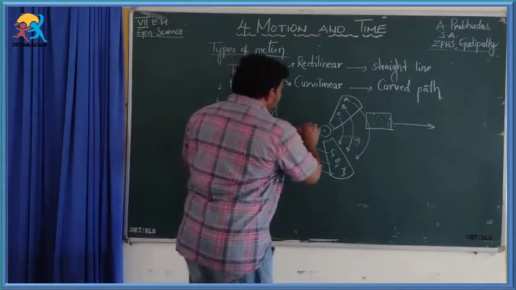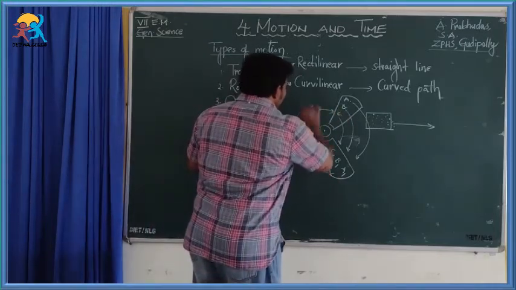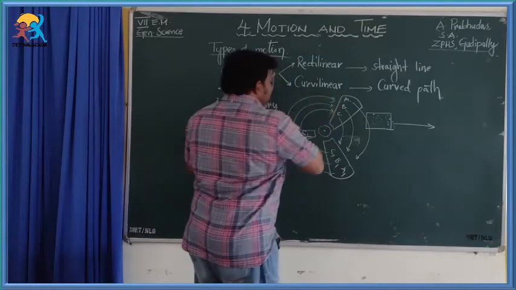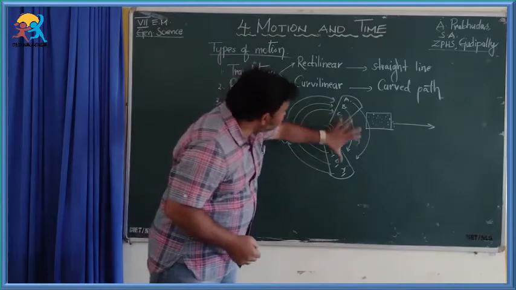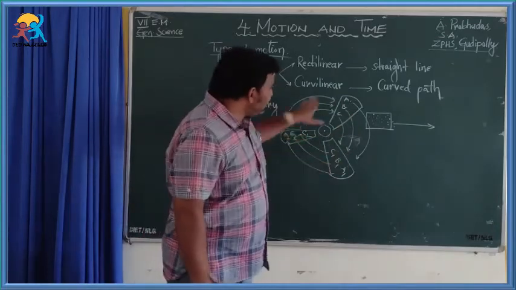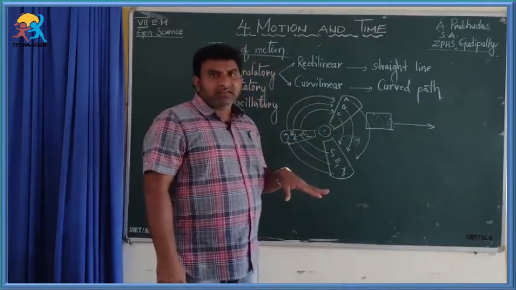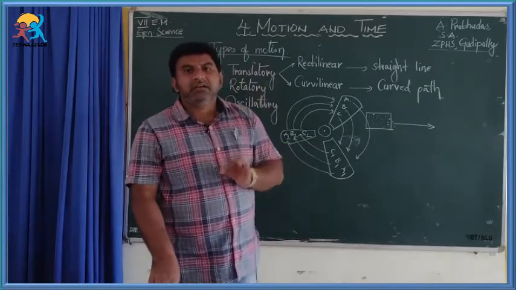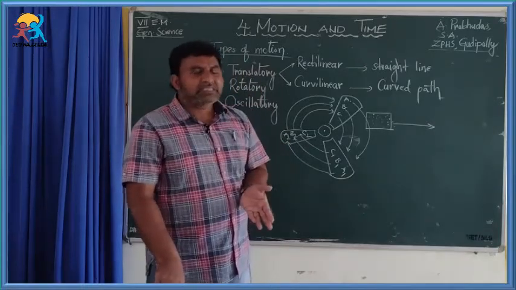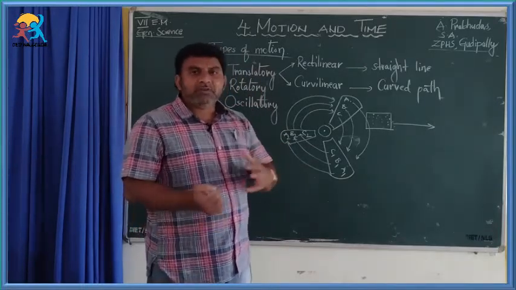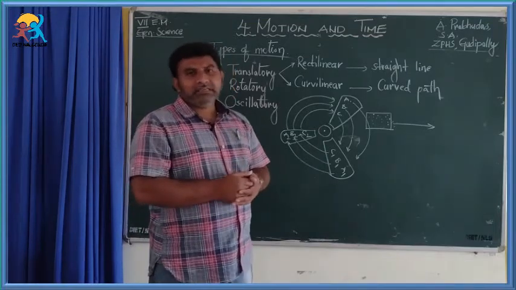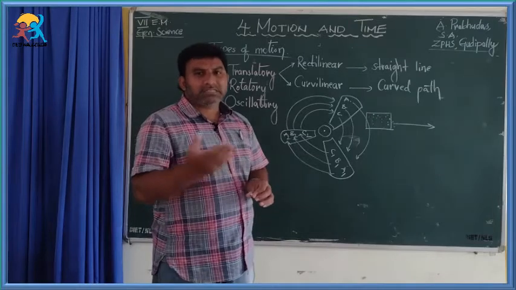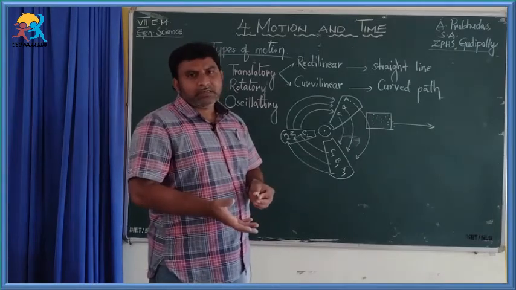So, if you see this pattern, we see all the particles present in the ceiling fan move in circular paths. Circular means in the form of a circle. So, now you can easily understand what circular motion is.